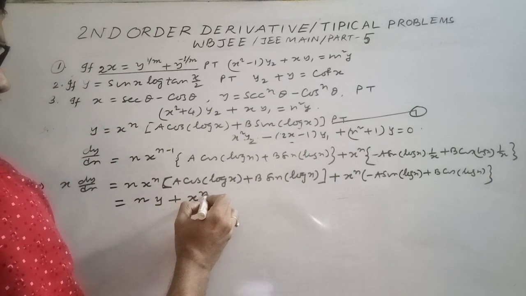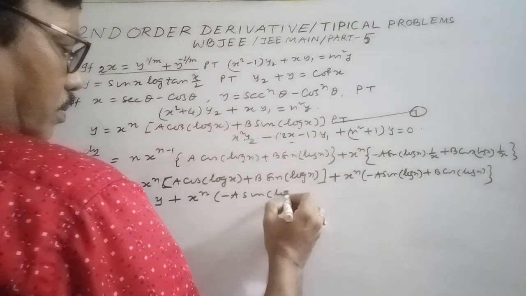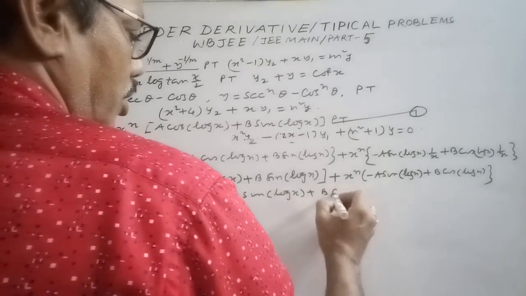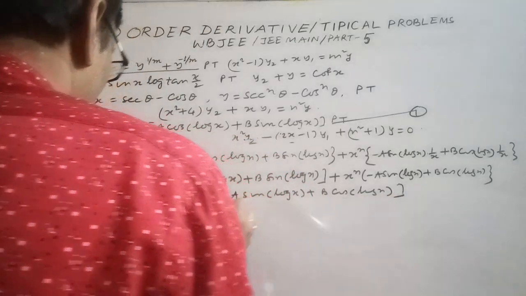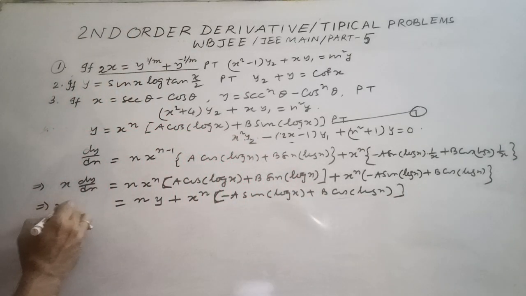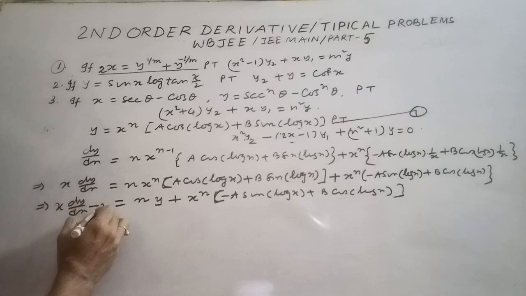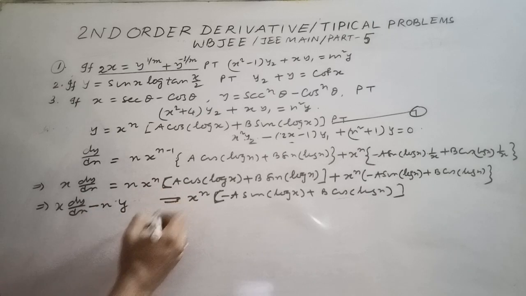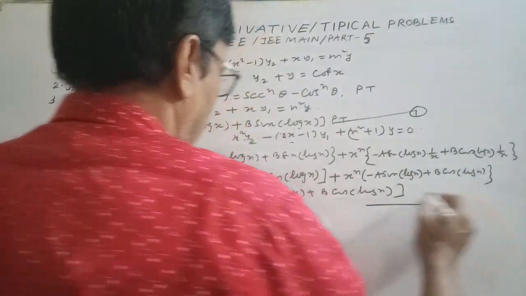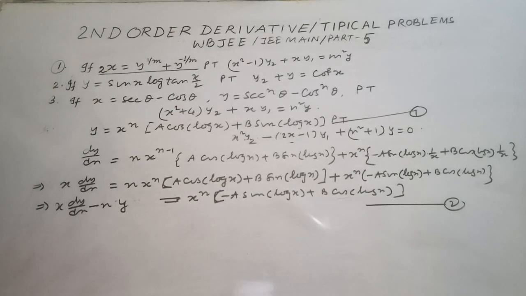Now x to the power n into minus a sin log x plus b cos log x, or you can write x dy/dx minus ny equals x to the power n into this. So, transferring ny to the left hand side, we are putting the value of y.